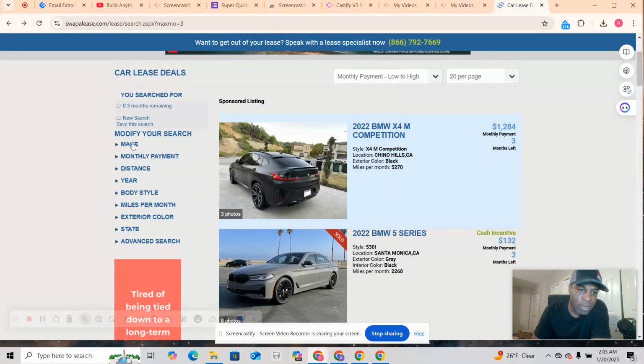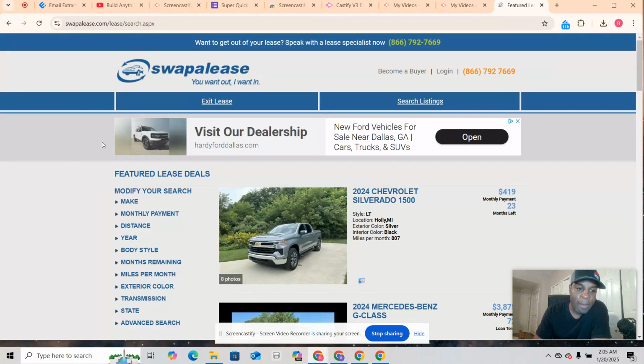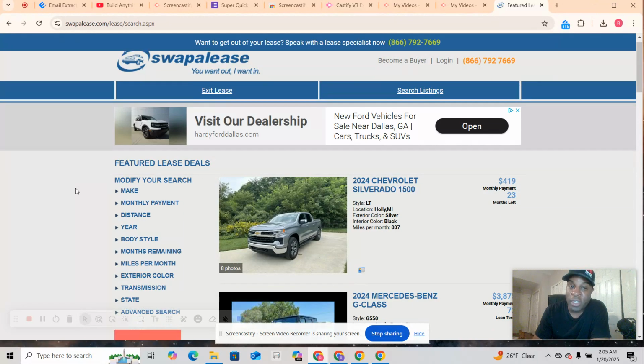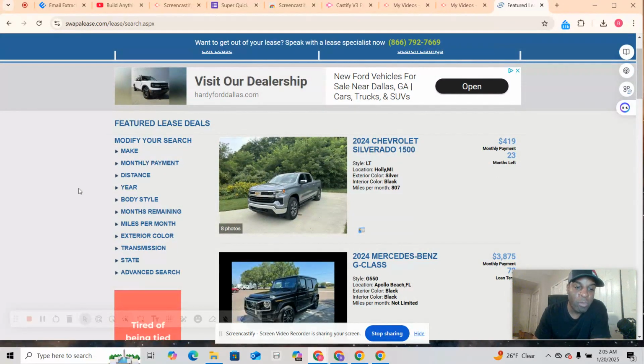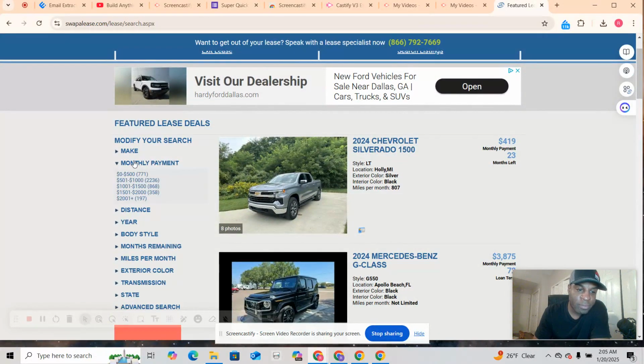So let's modify the search. You want to take over a lease. Let's do a new search so you can see how to identify cars that you can take over the lease for a reasonable monthly payment. You basically want to take over a lease with the monthly payment being between 0 and 500.